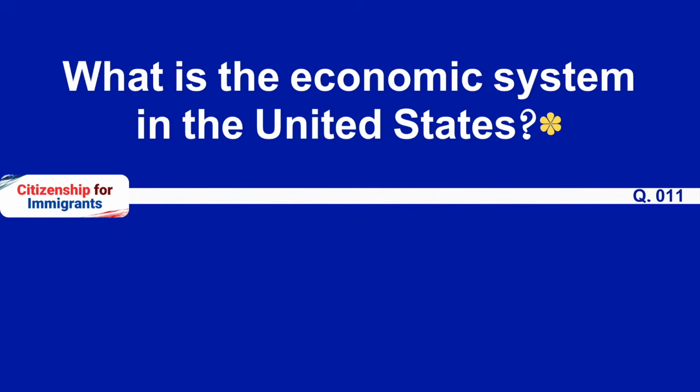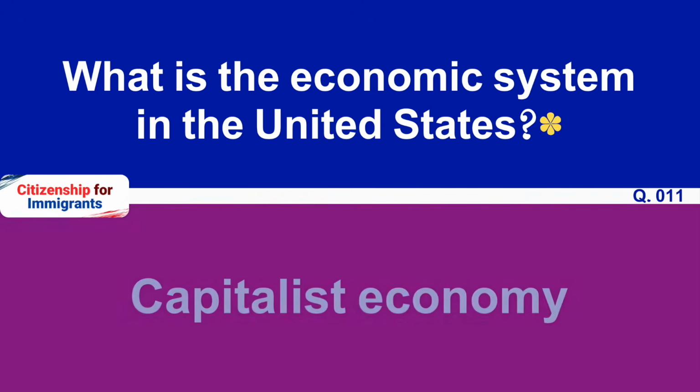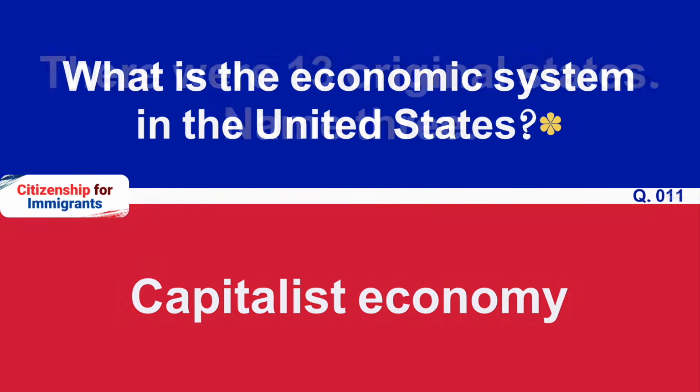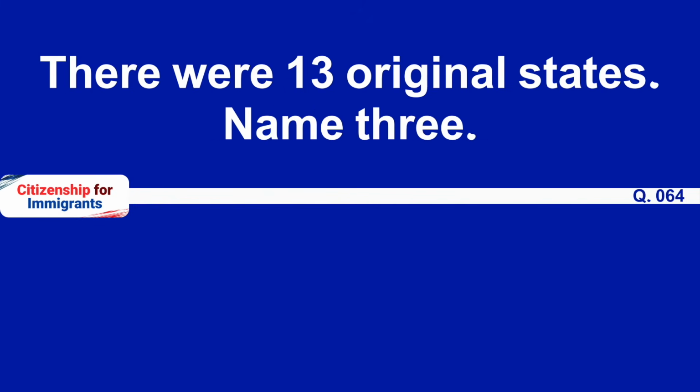What is the economic system in the United States? Capitalist economy. There were 13 original states. Name 3.